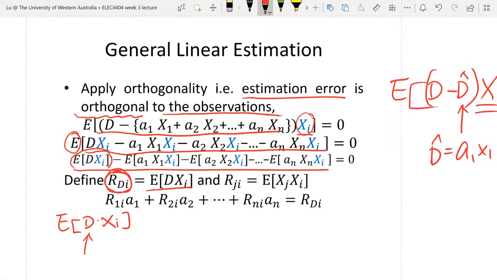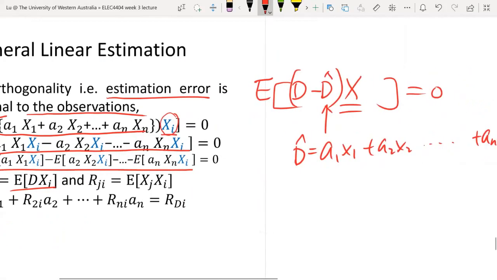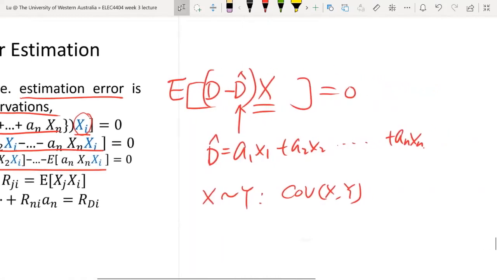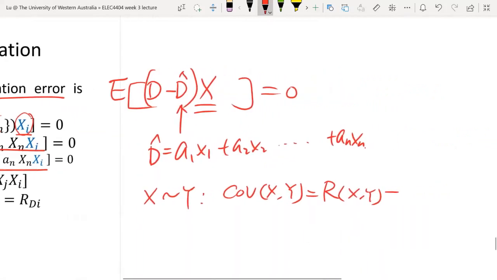Can you recall what the correlation is? If you have two random variables, just background, okay, X and Y. Remember we said the covariance of X, Y is equal to the correlation of X and Y minus mu X, mu Y.